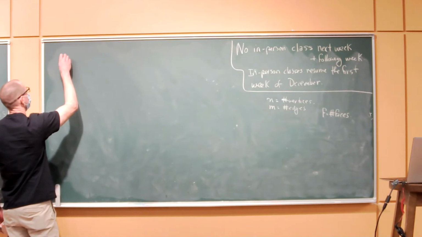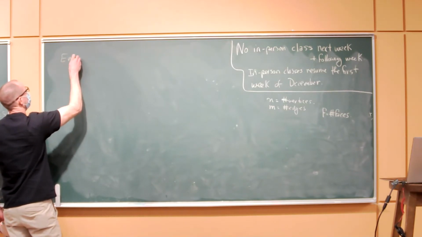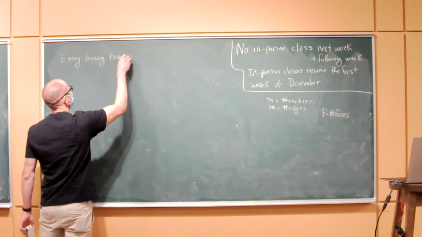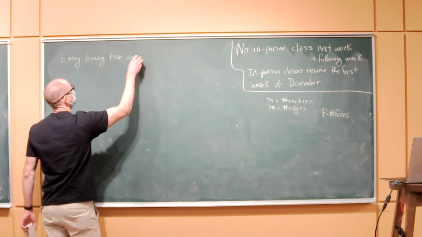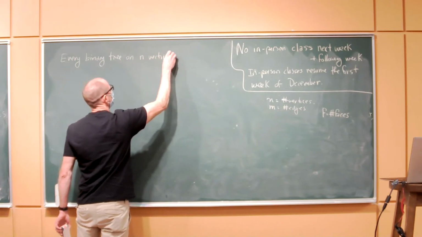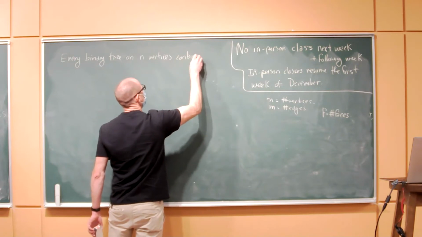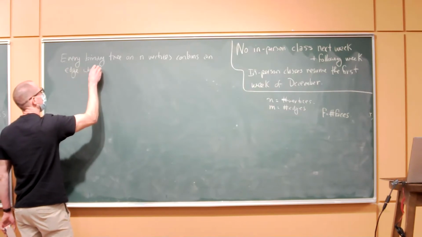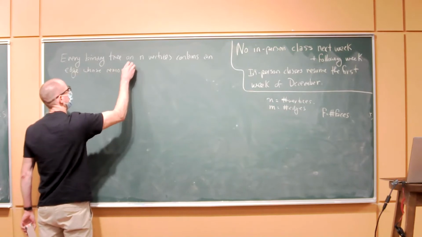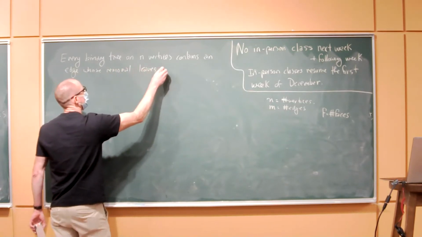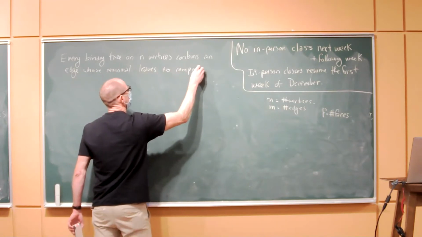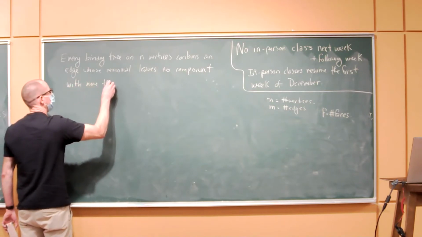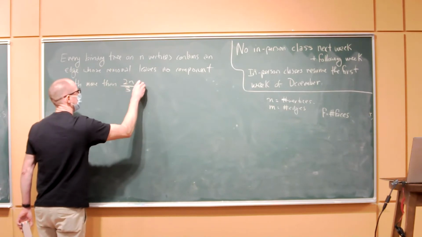Here's a nice one, which is not quite true, but every binary tree on n vertices contains an edge whose removal leaves no component with more than 2n over 3 vertices.